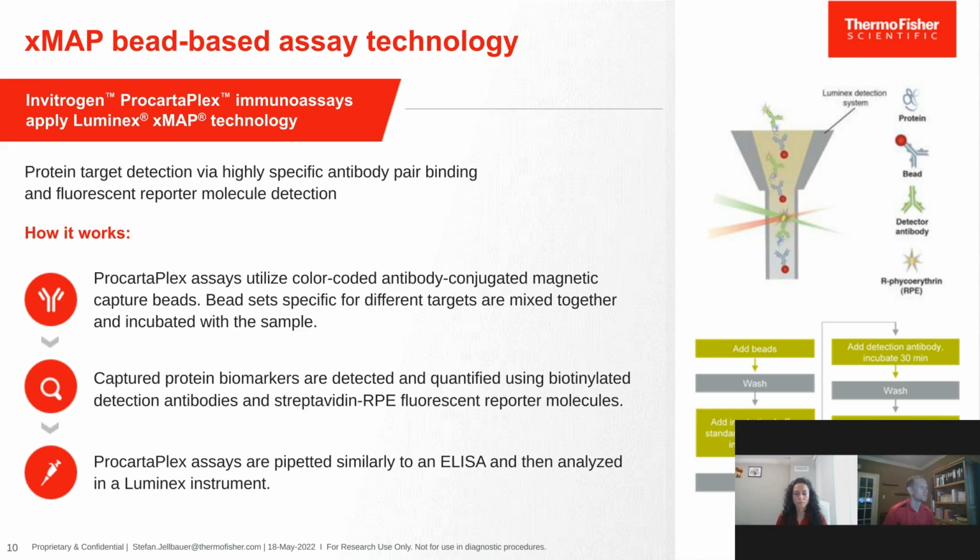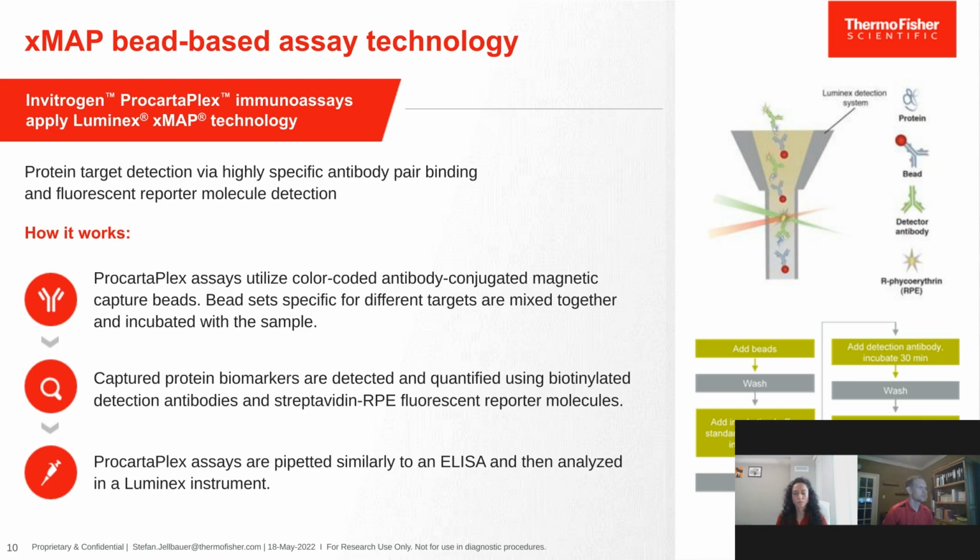Again, you have a set of magnetic microspheres that are color-coded with combinations of red and infrared fluorophores. Each bead set is coded with a reagent specific to a particular bioassay, in this case, a capture antibody, which allows you to capture and detect several specific analytes from a single sample.